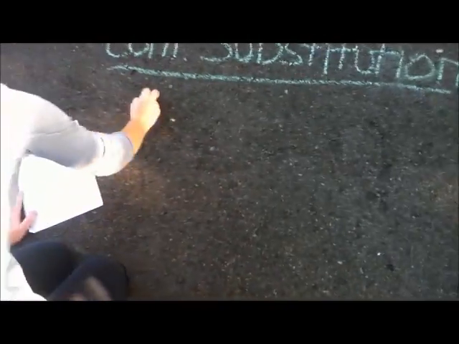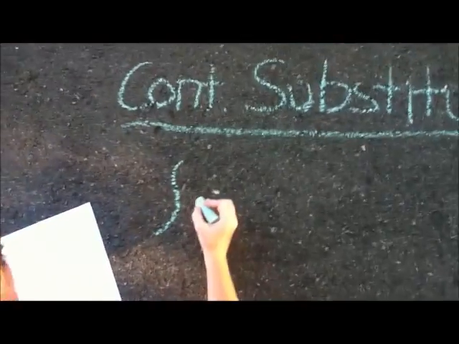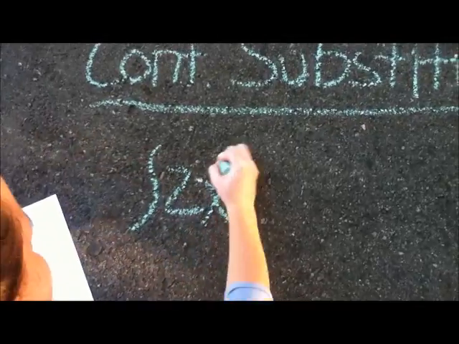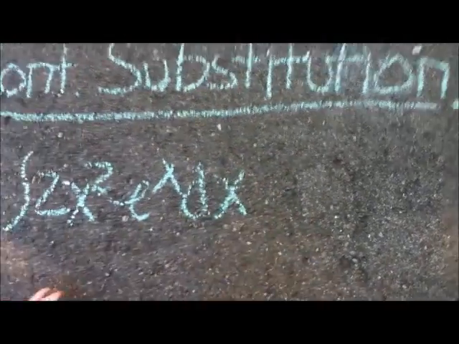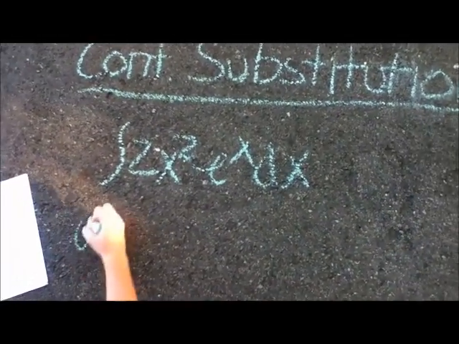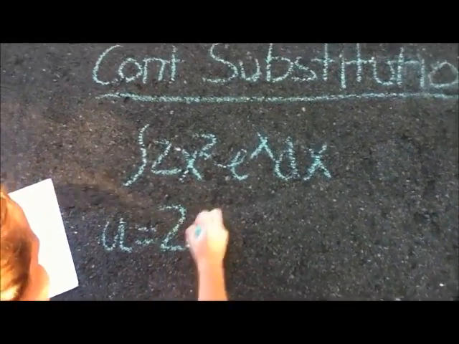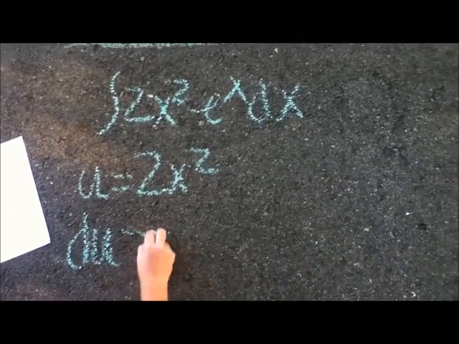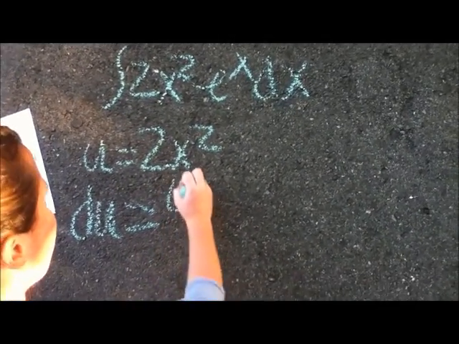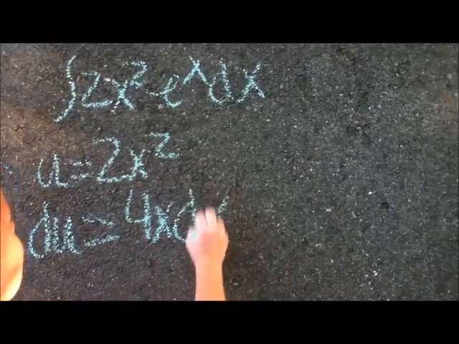Now when we start with this, you have to again choose which will be u and which will be v. I'm going to choose u to equal the 2x squared. So du will equal 4x dx.